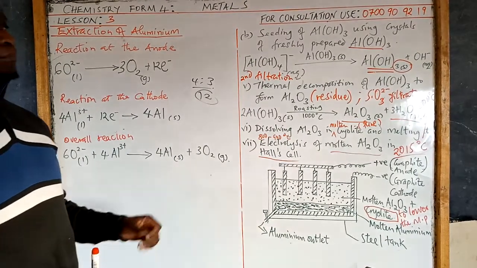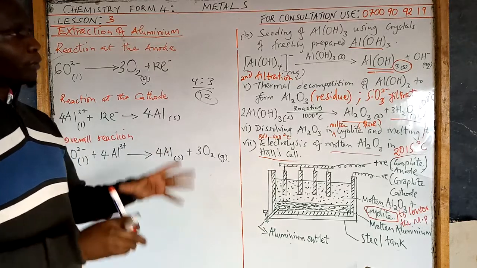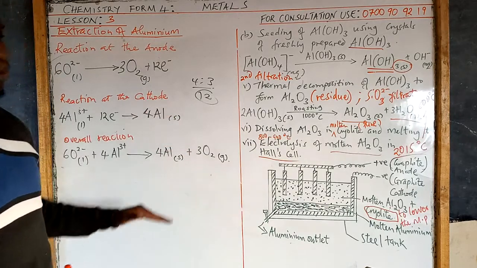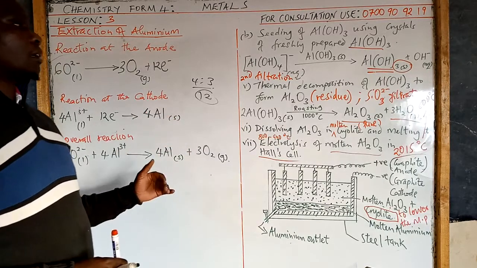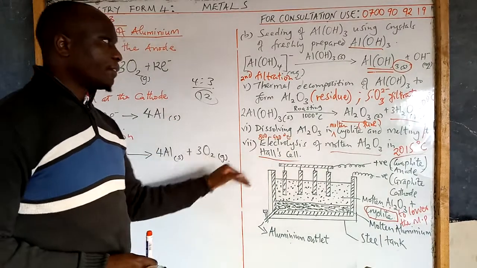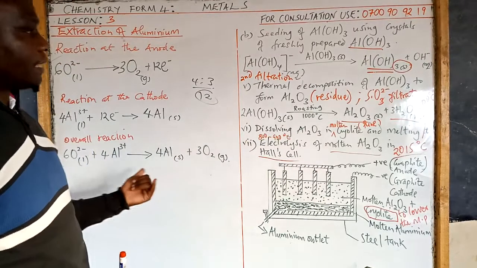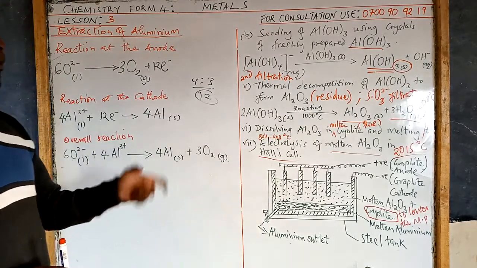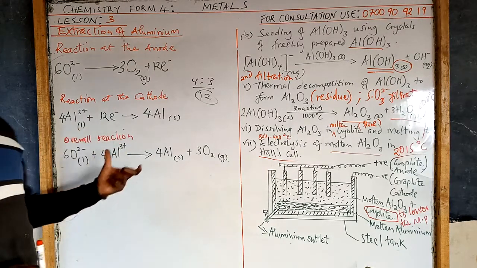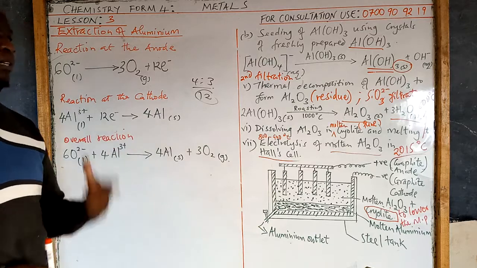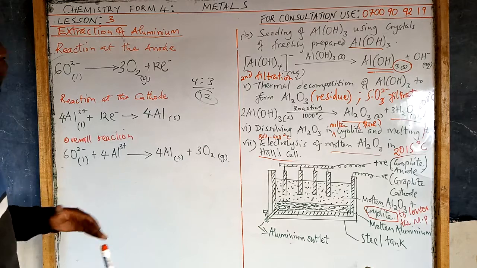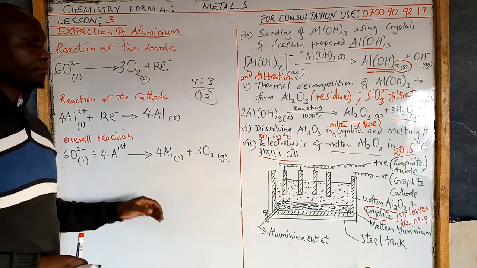So here again, questions that can be asked from here: identifying the chief ore, and then those steps of purification, the purification process all the way up to here. So the 7 steps, starting from the grinding, and then heating to remove the water. Then from there we had dissolving it in hot concentrated sodium hydroxide solution. Filter, you remove iron 3 impurities.